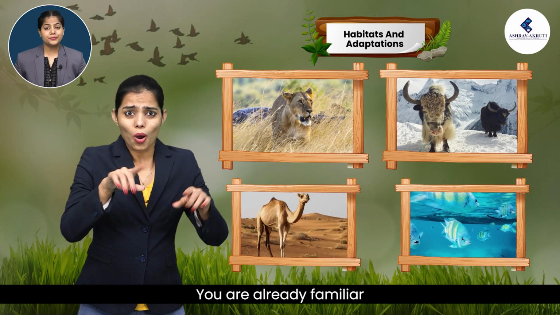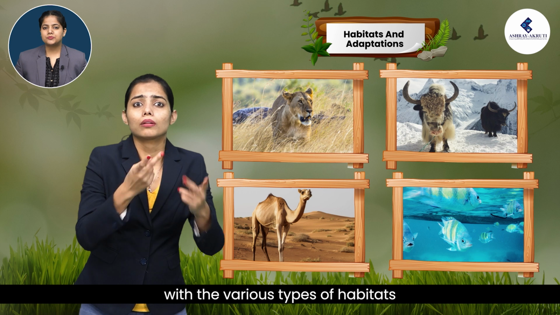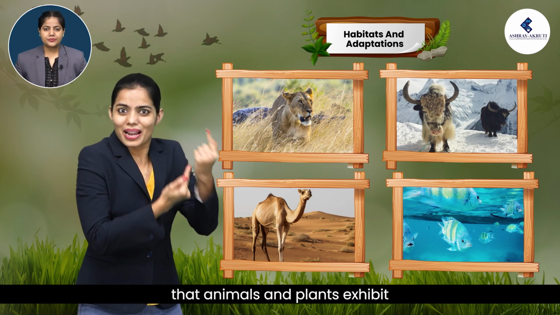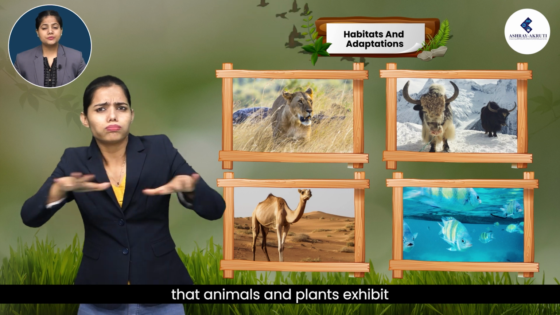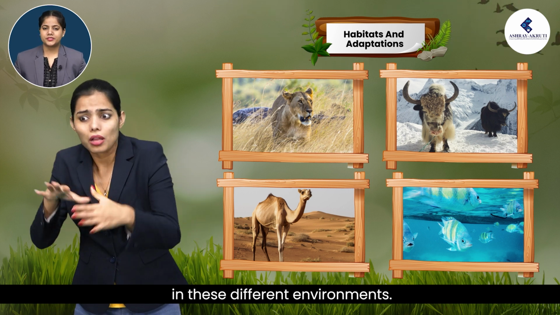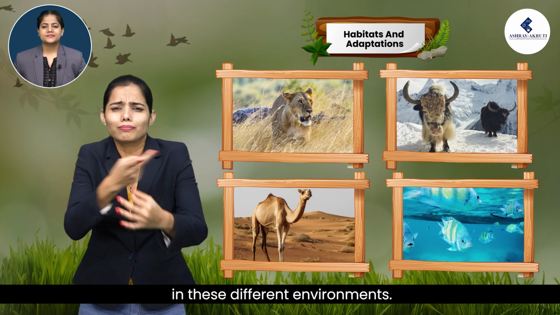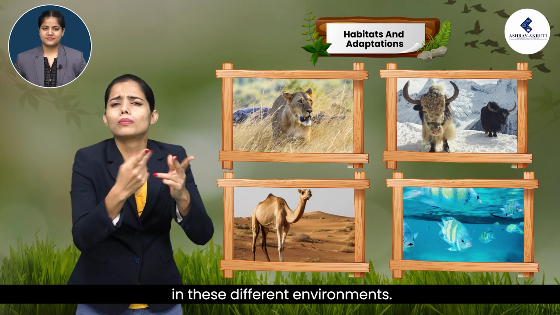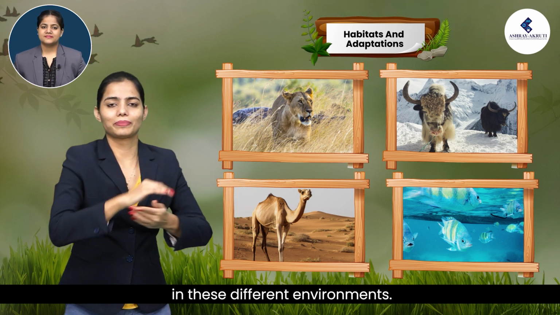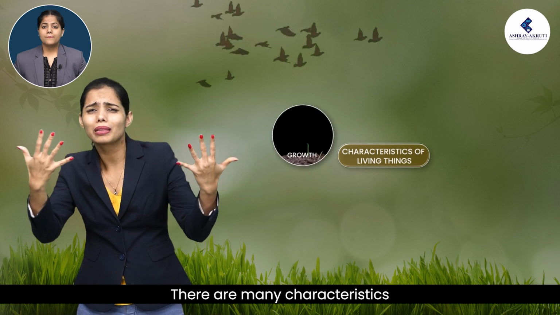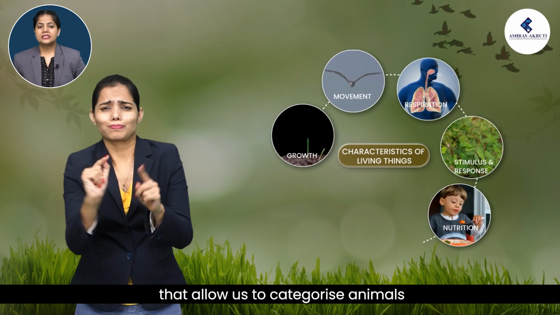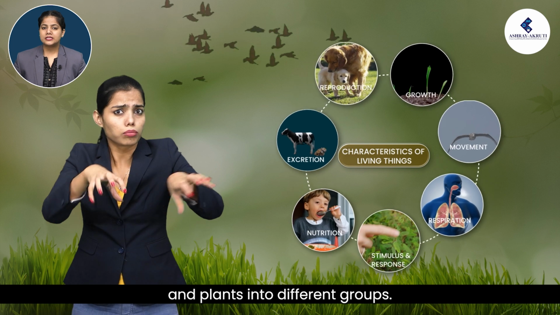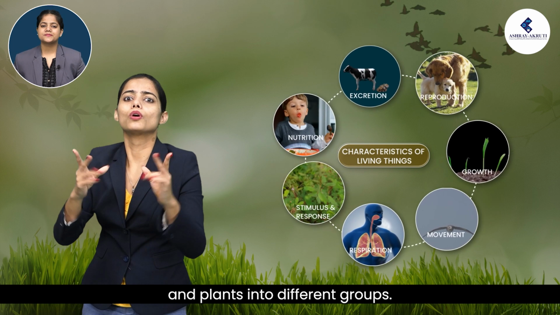You are already familiar with the various types of habitats and the adaptations that animals and plants exhibit in these different environments. There are many characteristics that allow us to categorize animals and plants into different groups.